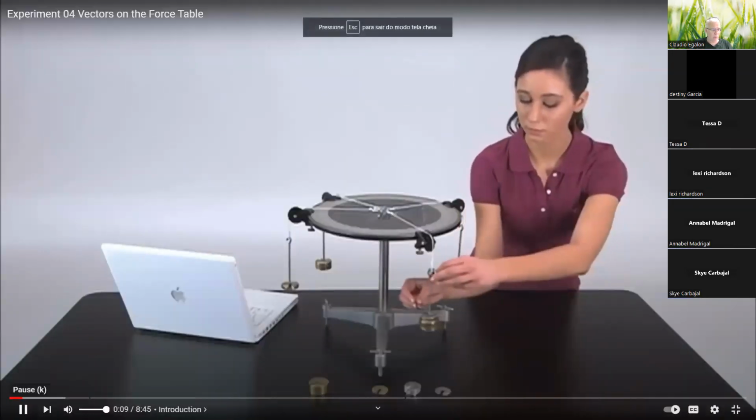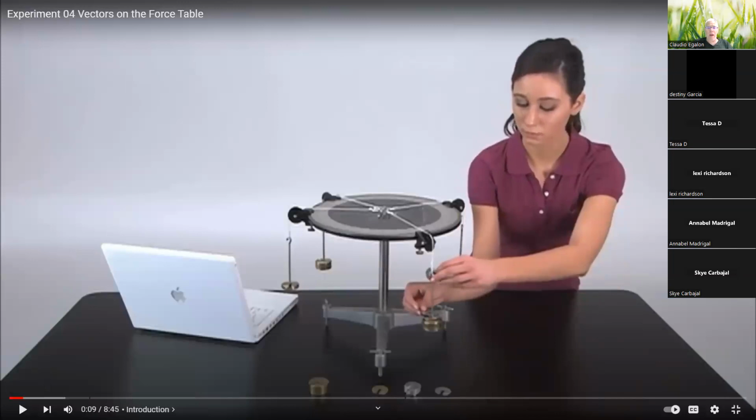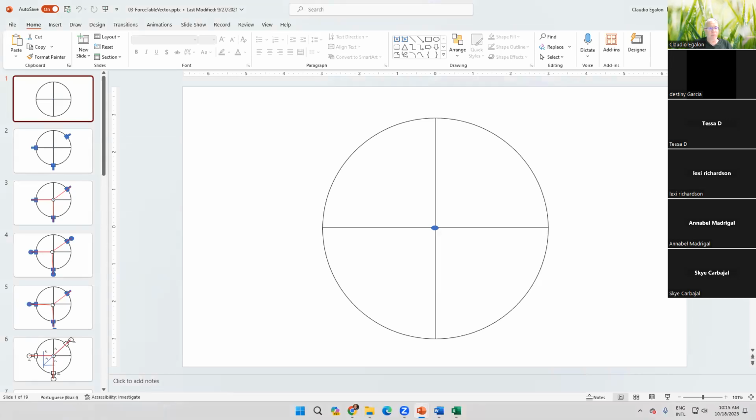In this laboratory. Okay, I want you to have an idea how it looks like. So the force table is just this device that you see right in here. A circular table with a protractor on the top of it. Okay, I'm illustrating this force table like that. I didn't put the graduations here, but you're supposed to have the angles imprinted on the top of this force table.